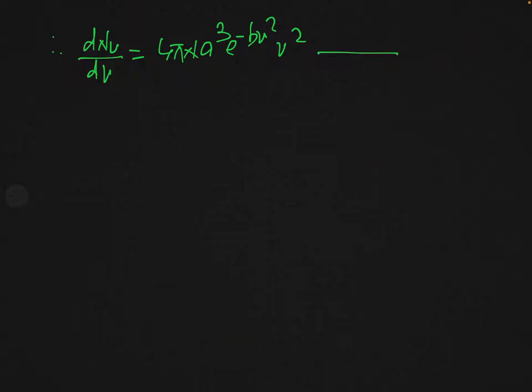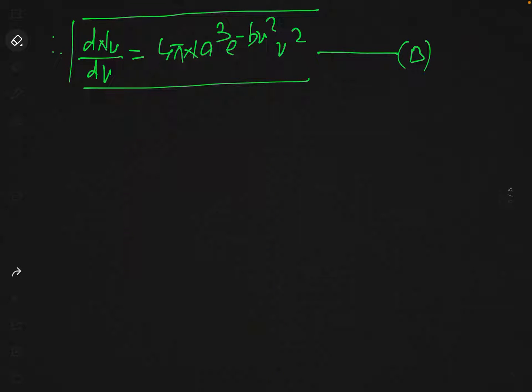So therefore we can write dnv over dv is equal to what? This will be 4 pi n a cube e raised to the power minus bv square times v square. This is also called Maxwell's speed distribution law, but this is in terms of the Maxwellian distribution function of speed.